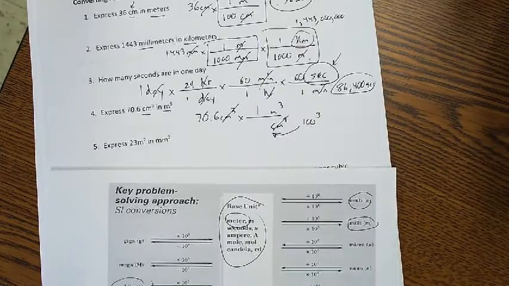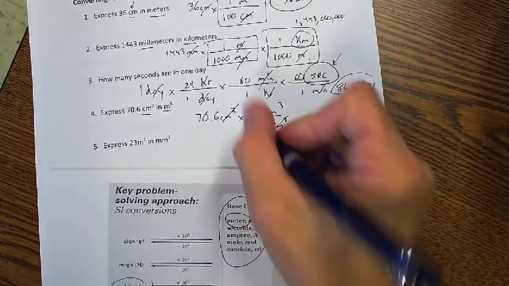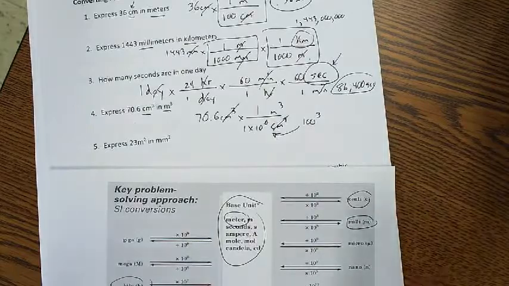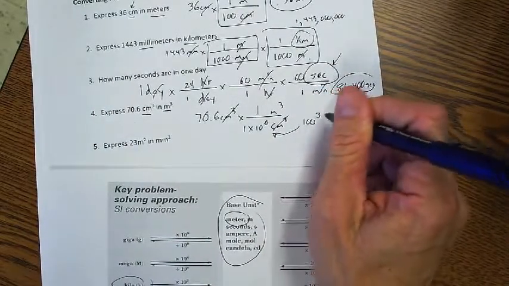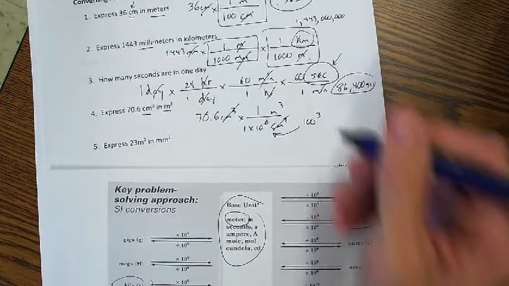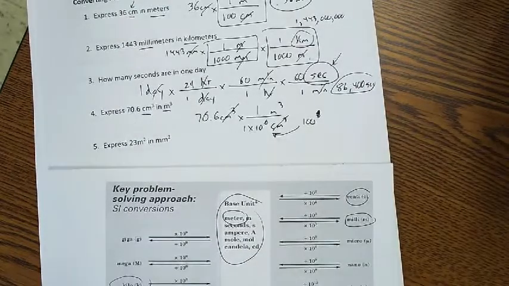So it would be 100 times 100 times 100, or 1 times 10 to the 6th. And so you have to know how to get that value, and that 100 is not accurate. If you actually cubed it in the problem, it would be accurate. But you can't just put 100 in there and just say it's centimeters cubed. That would not be accurate.